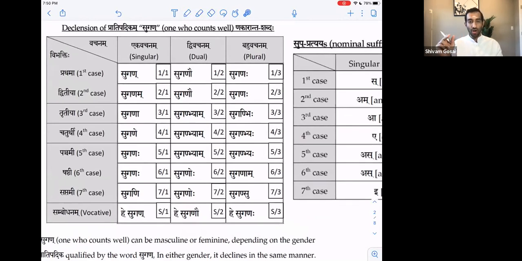Sugan plus o becomes Sugano. Sugan plus us, that sakara becomes visarga, so Suganaha. Okay, so the first sakara just disappears. The 1-3 sakara becomes visarga because it's preceded by a vowel, not a consonant.